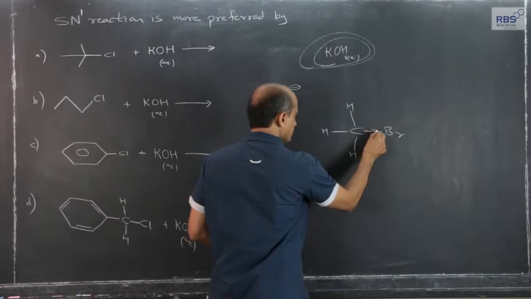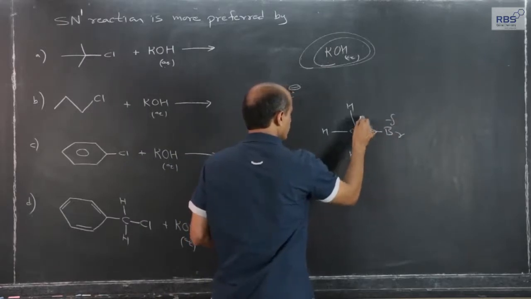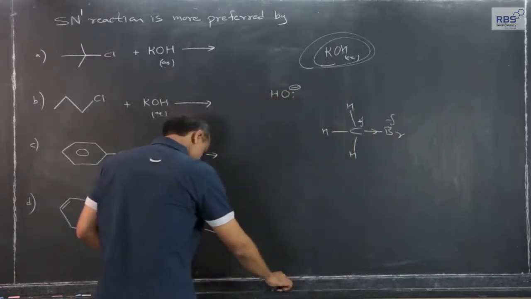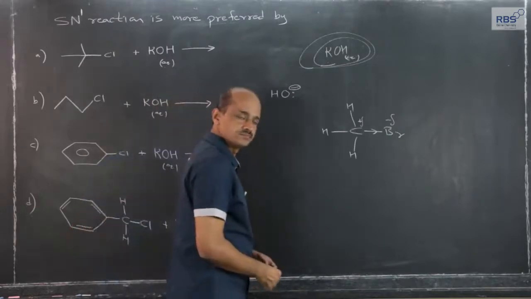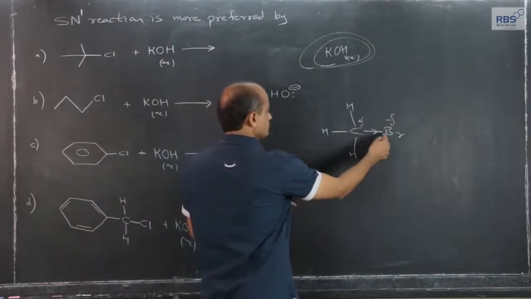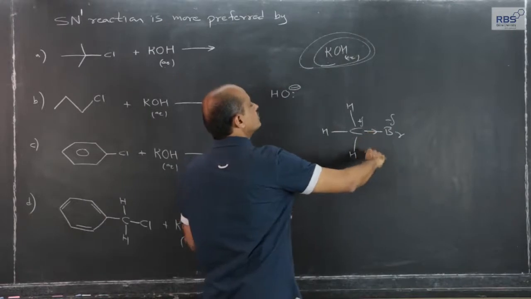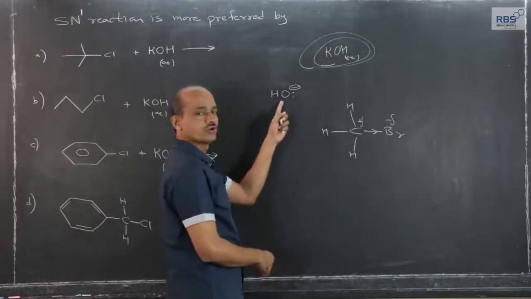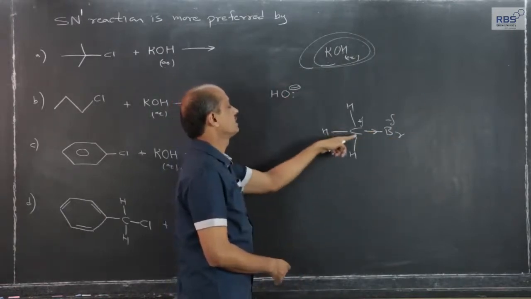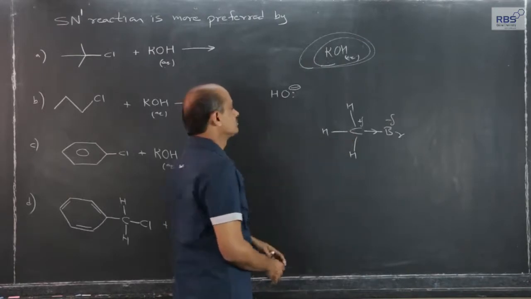The carbon bromine bond, as we know, is polar, delta negative, delta positive. The free OH minus ions attack, since bromine is delta negative and it will go out in the form of Br minus ions. Strong nucleophile OH minus attacks the alpha carbon, delta positive.